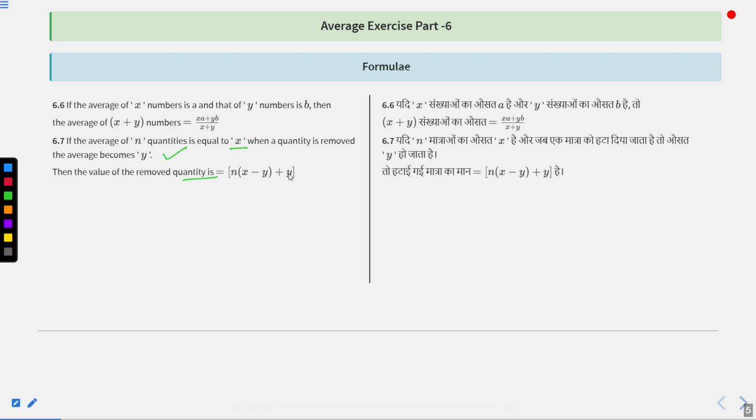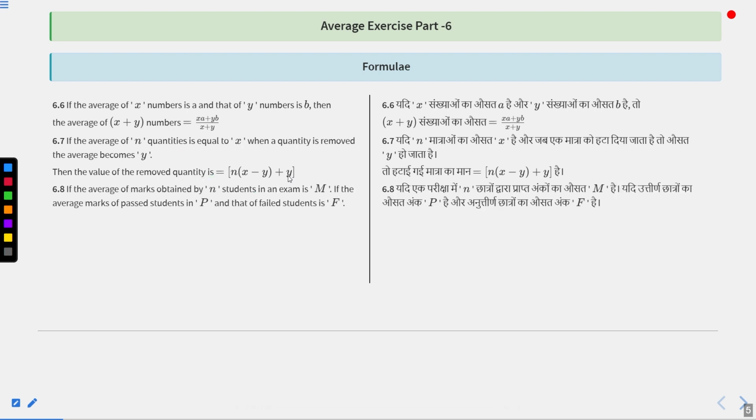Next, if the average marks obtained by n students in an exam is m, the average marks of passed students is p and that of failed students is f, then the number of students who failed is n into (p minus m) upon (p minus f). Here p represents the passed students' average mark, m represents the total students' average mark, and f represents the failed students' average mark.